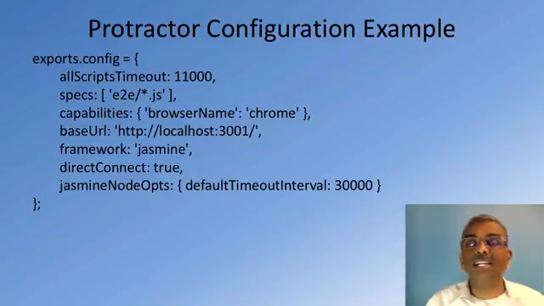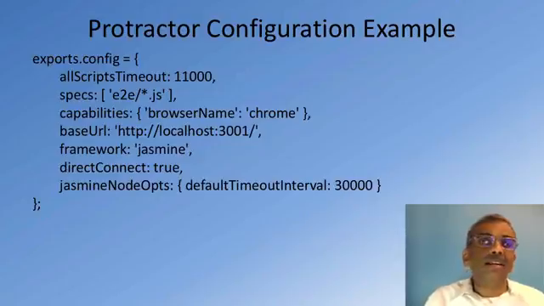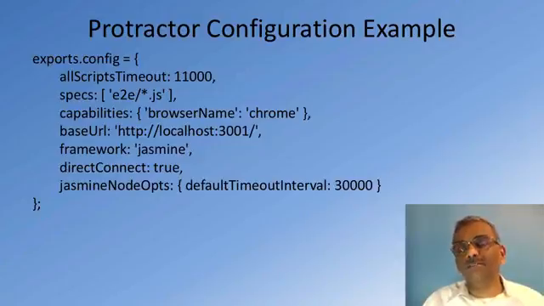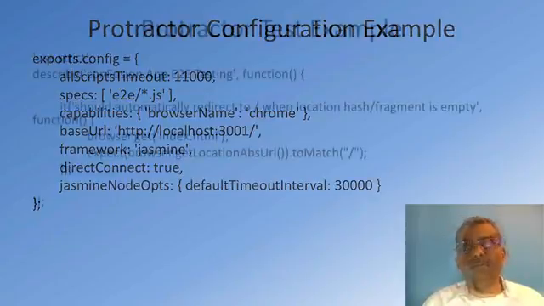That's why I specify Direct Connect equal to true. Then the last one, Jasmine node options, the default timeout interval. Again, some configuration that is required for timing out if the test doesn't end successfully. So these are options that you specify in the protractor.conf.js file.